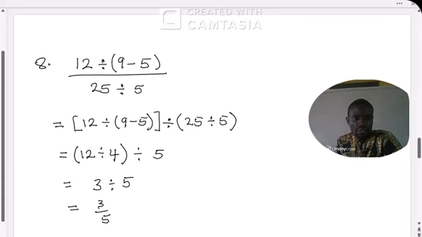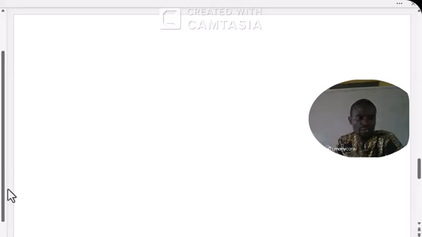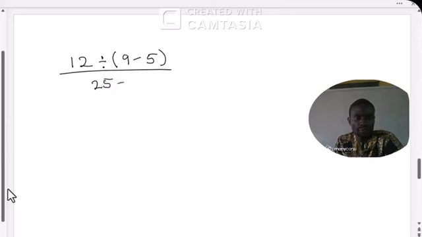But this can also be done in another way. If you cannot follow this, let me give you another way of doing it. 12 divided by 9 minus 5, divided by 25 divided by 5.